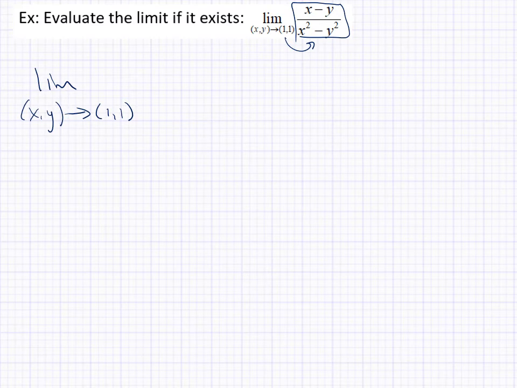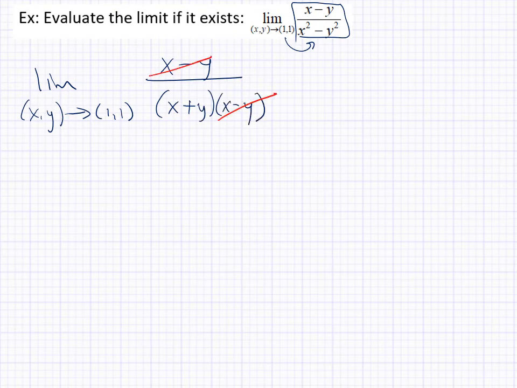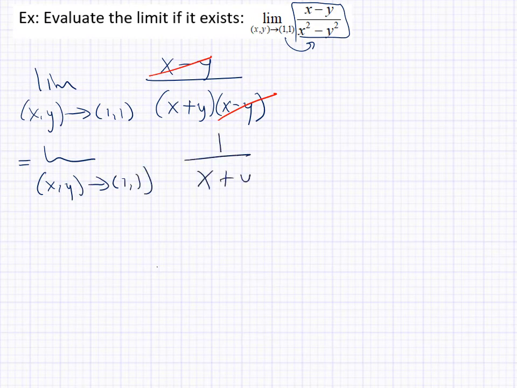I'm just going to go ahead and evaluate the limit. But the way I'm going to do it is not by plugging 1, 1 in right now. What I'm going to do is I'm going to first factor that denominator, which is a difference of squares. I'm then going to cancel these common factors and rewrite this function as the limit as (x,y) approaches (1, 1) of now 1 over (x plus y).